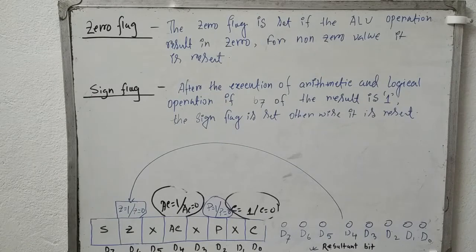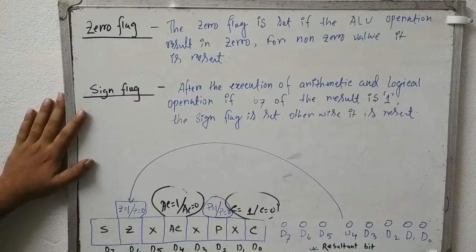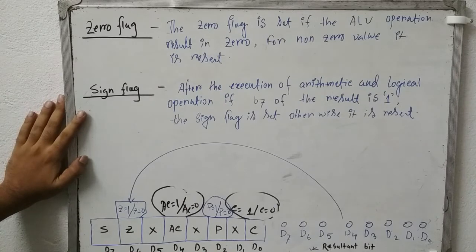So now our next case, which is the sign flag. As you can see, after the execution of an arithmetic or logical operation, if the D7 bit of the result is 1, then the sign flag is set, otherwise it is reset.